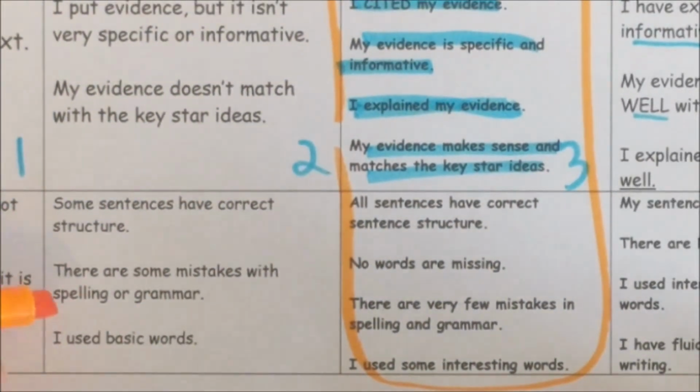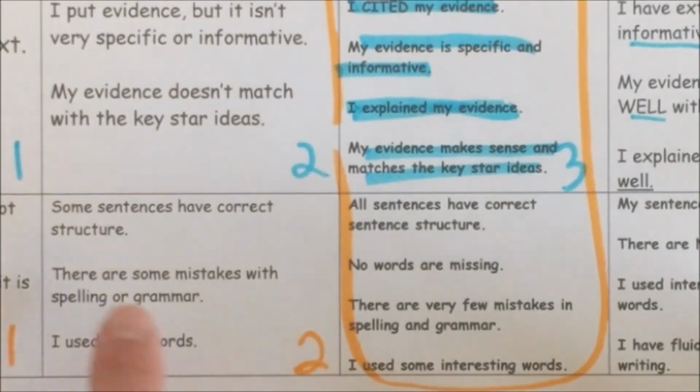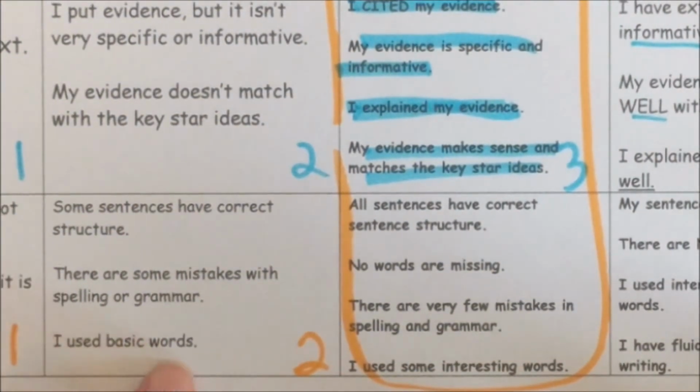For a 2, which is approaching, some sentences have correct structure. There's some mistakes with spelling or grammar or very basic words. So if you just said Nick was nice and you just said nice over and over again, and you didn't use words like personality, character traits, and a variety of words, that might go here.